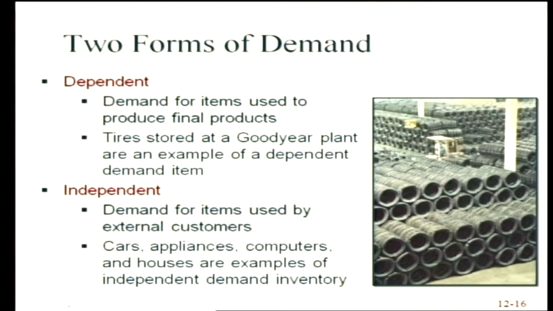Now you will appreciate there are so many such items. If you see your scooter or your washing machine, there are so many items which are dependent, and the number of washing machines to be produced or manufactured is independent.